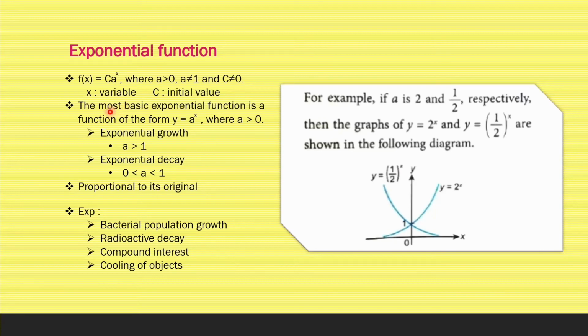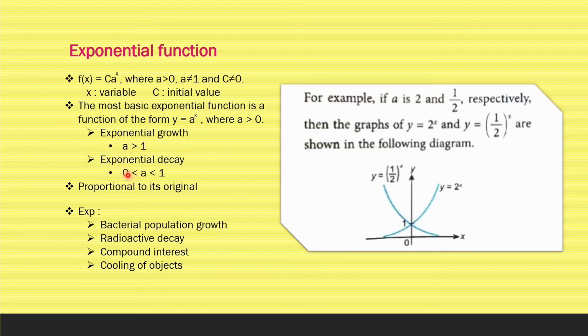The most basic exponential function is of the form y = a^x, where a is larger than 0. When a is larger than 1, the function grows in a manner that is proportional to its original value. This is called exponential growth.